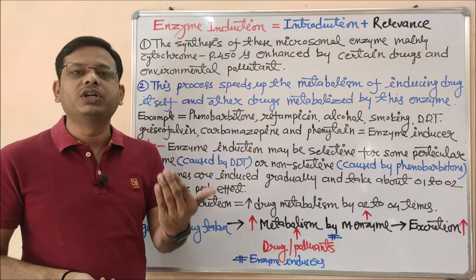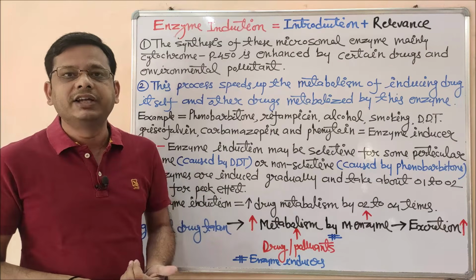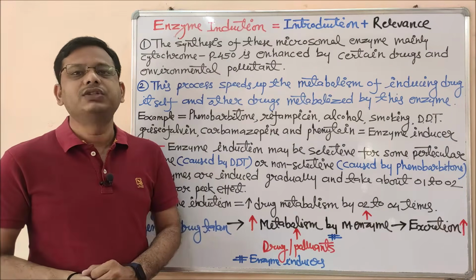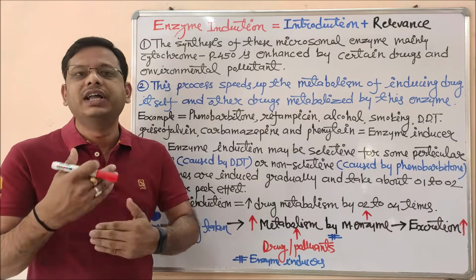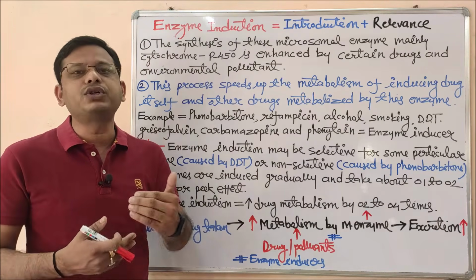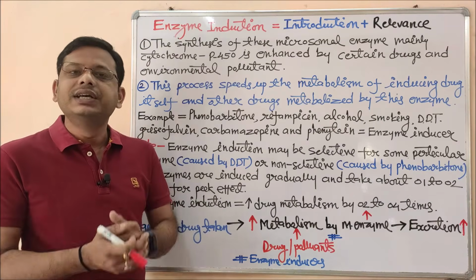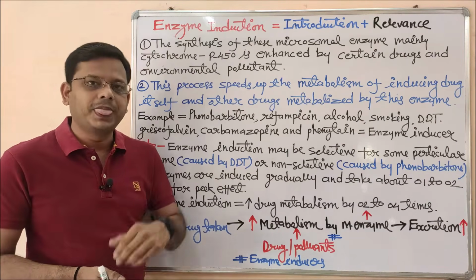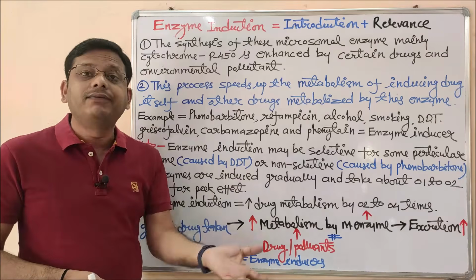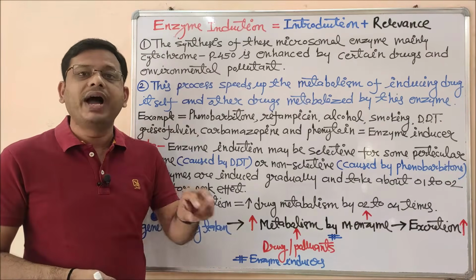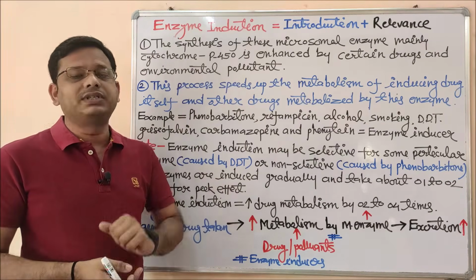It totally depends upon the drug of choice which we have taken. But in enzyme induction, the process of metabolism will be faster, so their elimination can also be increased. This is called enzyme induction. That means enzyme induction can affect the metabolism of any drug by 2 to 4 times its initial level.